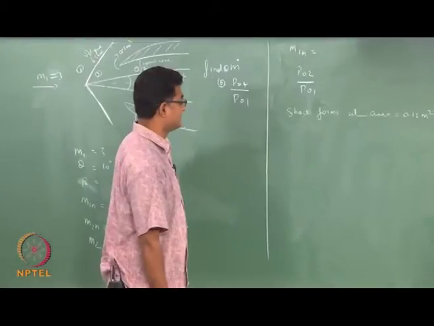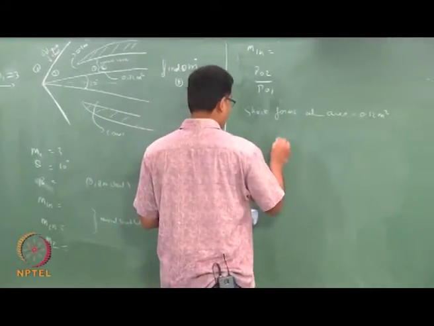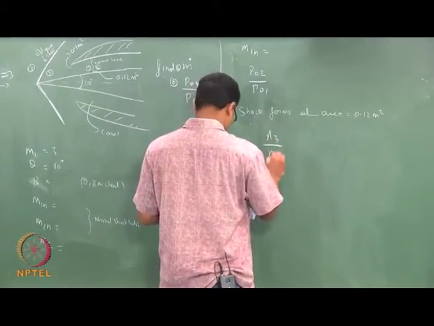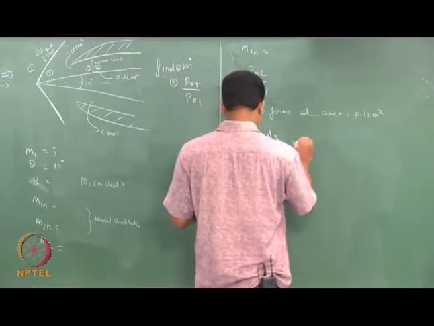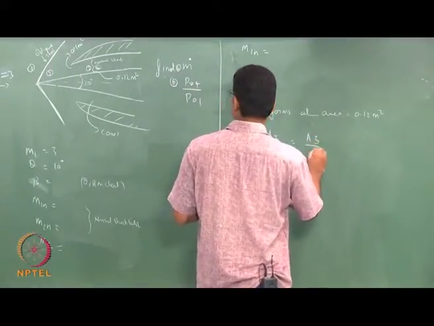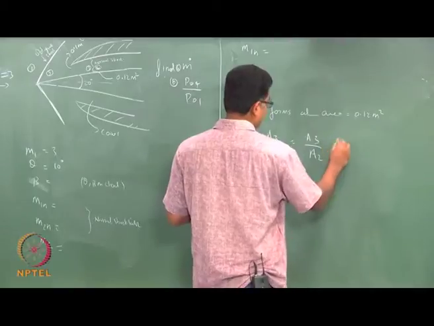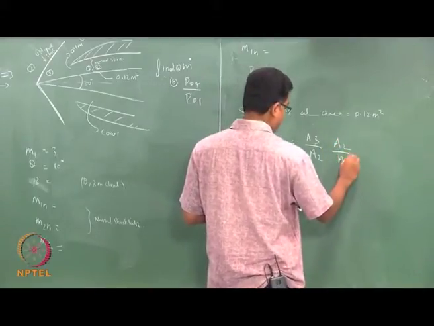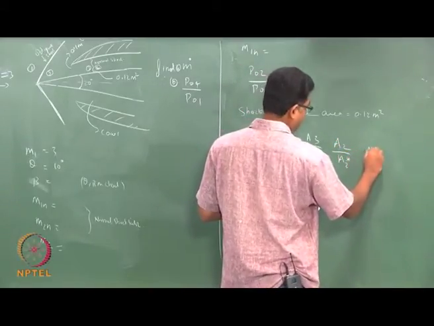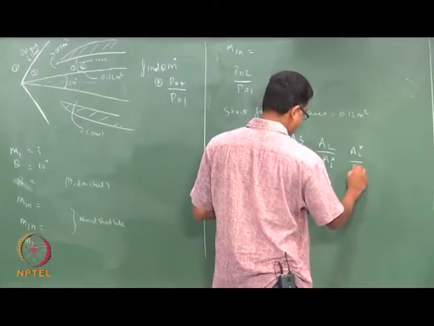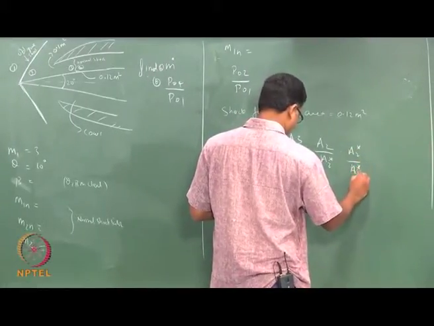Okay. So, I can compute A3 by A3 star as A3 by A2 into A2 by A2 star into A2 star by A3 star.